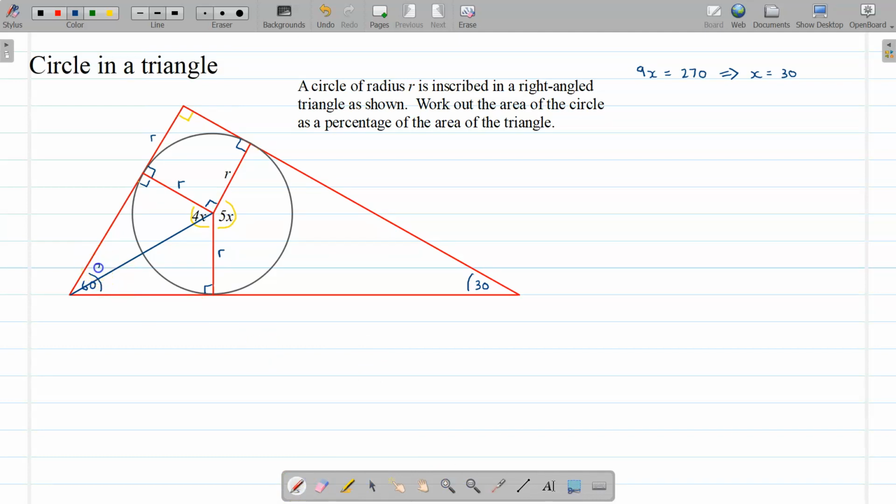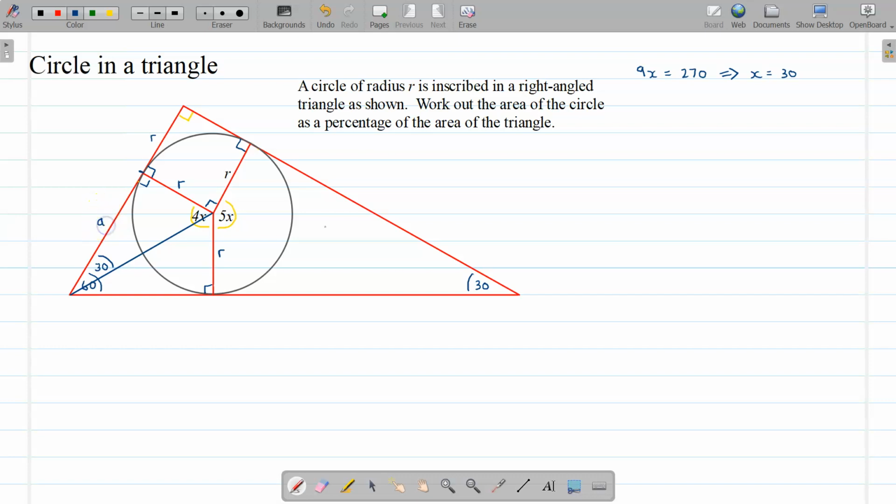So that's 30 degrees, just that half of it there by symmetry. And I'm going to use the information I have in this triangle to work out the length of this bit here, between here and this corner here. So that line there I'm going to call of length A.